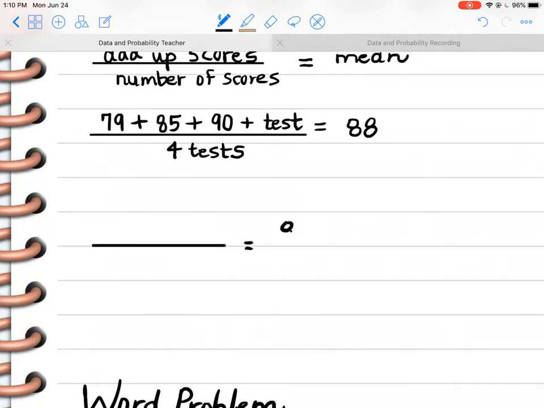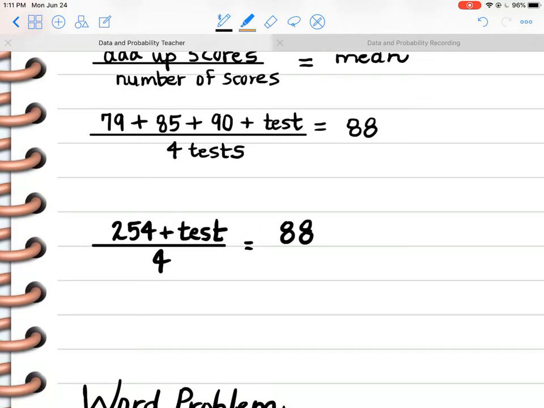Remember, we want an 88. That is our goal. So let's go ahead and add up the points that we've already got. I have a 79 plus an 85 plus a 90. So I already have 254 points, and then I have to take another test. And we're going to divide that by 4.